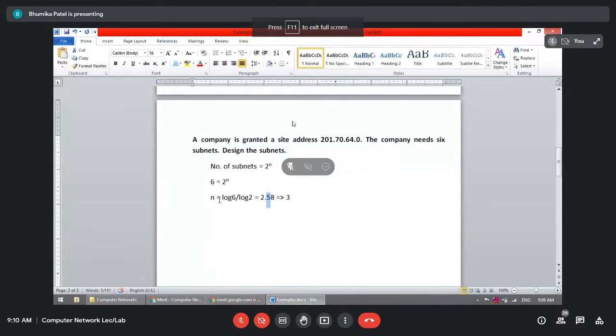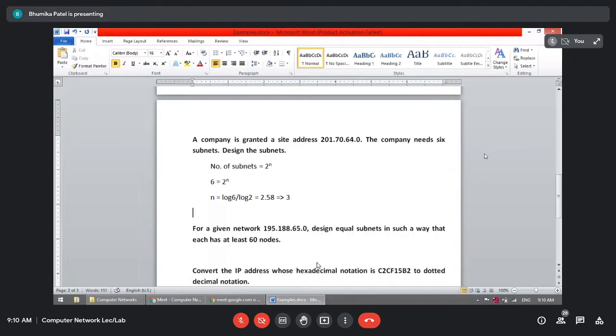Okay, so here we have found the value of n equal to 2.58, which can be converted into 3. So how many bits in the subnet mask are going to be extra ones? 3. All of you getting it?